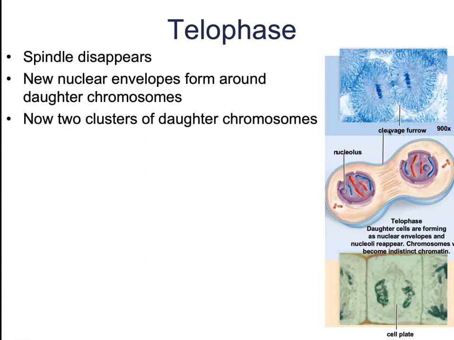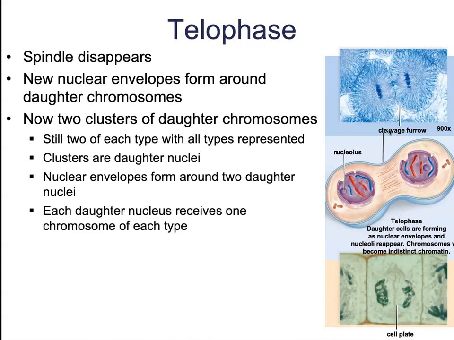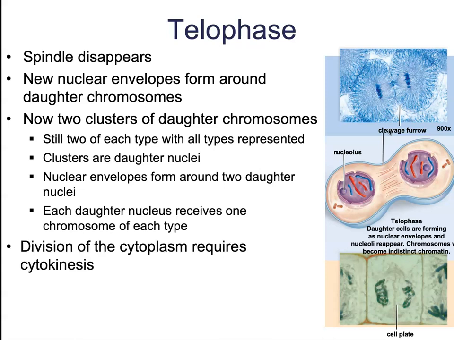Now we're going to have two clusters of daughter chromosomes. We still have two of each type represented. These clusters are going to eventually become those daughter nuclei. The nuclear envelope forms around those two daughter nuclei, and each daughter nucleus receives one chromosome of each type.